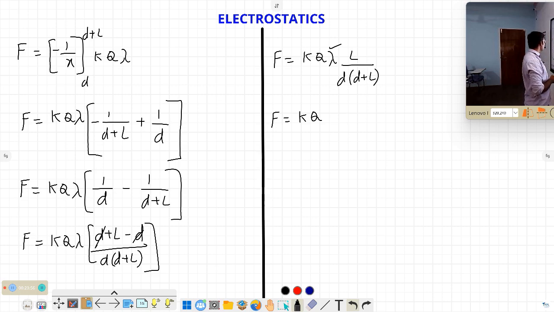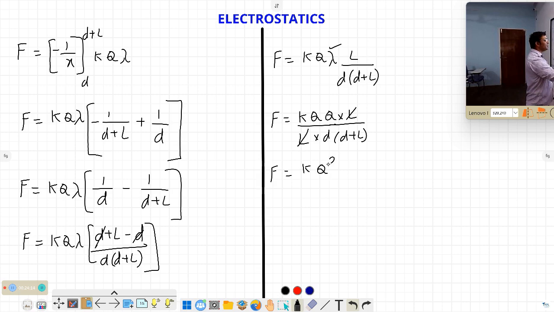So we can replace it later with charge per unit length into d plus L. So F is equal to K Q square by... lambda is equal to not capital Q, that is small q by L. So I can replace here not capital Q but small q by L. So the solution is K capital Q small q by d into d plus L.